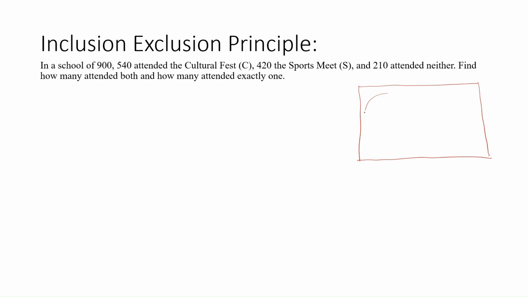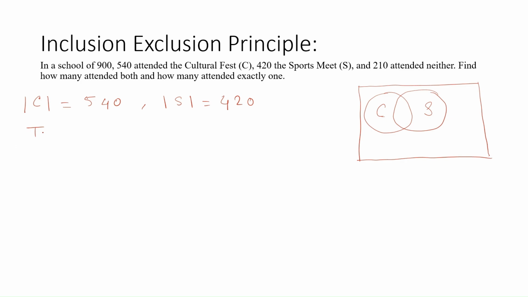Suppose this is the set C, that means total number of students who attended the cultural fest, and this is the total number of students who attended the sports meet. Now, cardinality of C is 540 and cardinality of S is 420.